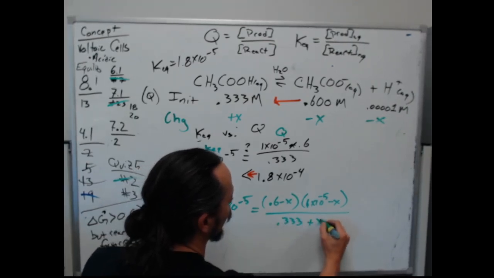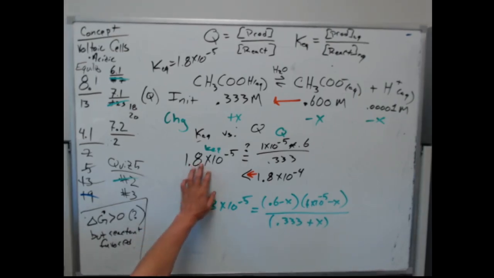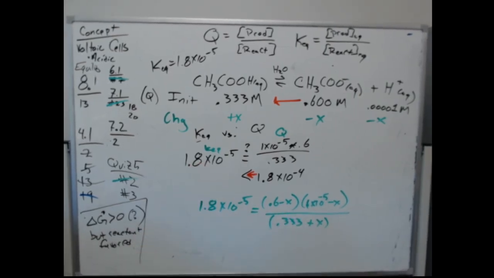And we can just solve this. Ooh, we have a problem. What's the problem here? You can't do x as small. My Ka value is almost the same as my H plus value. The x as small approximation is definitely going to fail here.